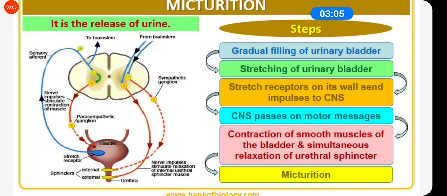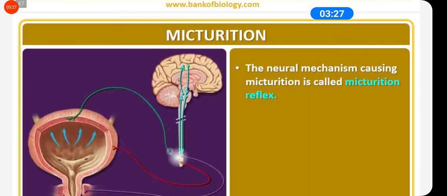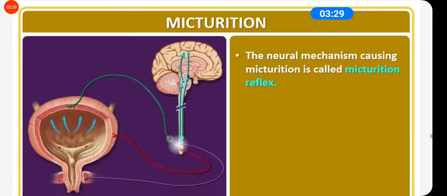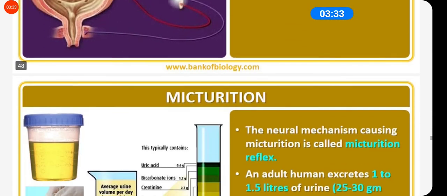So the bladder is contracting and the urethral sphincters relax. So the process of release of urine out from the urethra is called micturition, and the neural mechanism which causes micturition is called the micturition reflex.